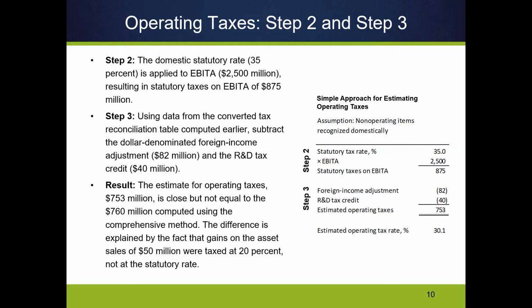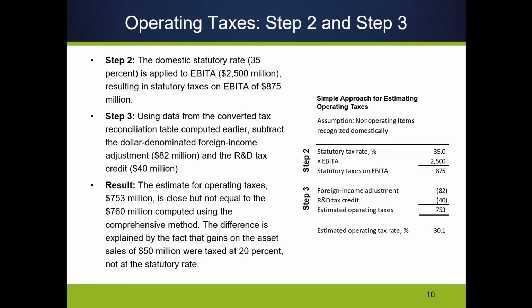So I should, in step 3, if I really knew, have another adjustment here where I would add back $7 million from the savings on the fact that we sold the asset at the lower tax rate. I don't know that. I do this estimating procedure. It actually turns out pretty well here because I don't have a lot of weird income in the foreign subsidiary. This may not be the most effective method depending on the firm.